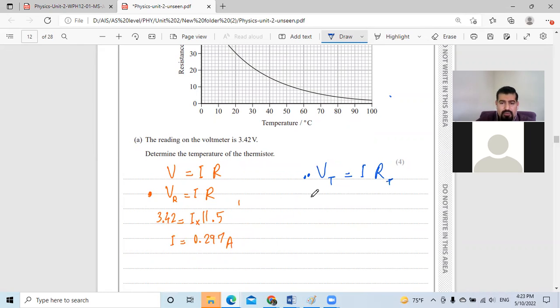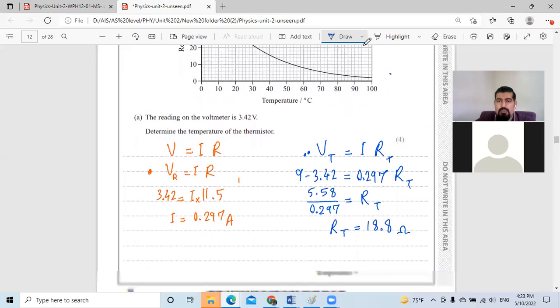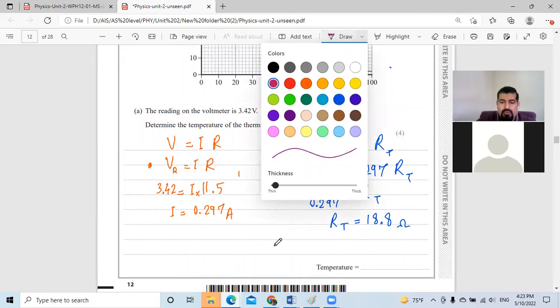So V for the thermistor is 9 minus 3.42, which is 5.58, equal to I, 0.297, multiplied by R. So R for the thermistor equals this divided by that, and the resistance of the thermistor equals 18.8 ohm.